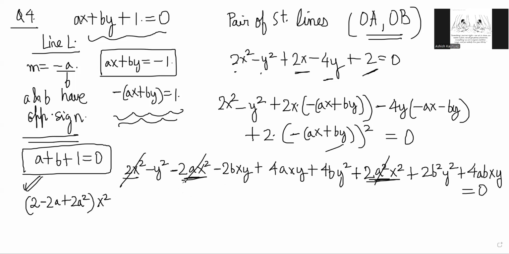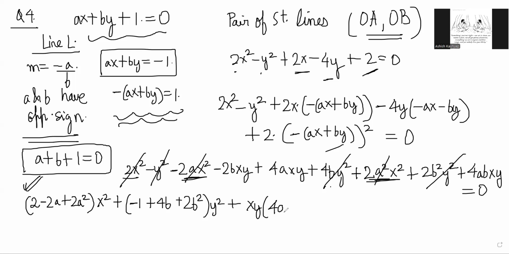And y squared terms are coming from here, here and here, so we have (minus 1 plus 4b plus 2b squared) y squared. So the y squared terms are done. There are three xy terms, so you get xy common: (4a minus 2b plus 4ab). Do you see this is the pair of straight lines equation?